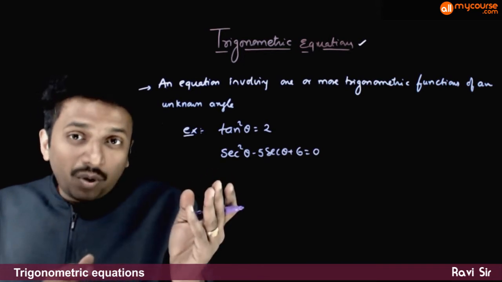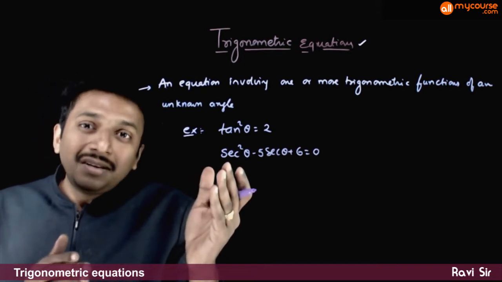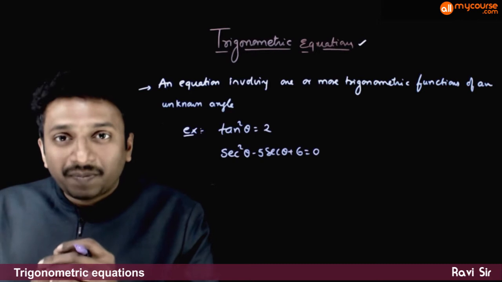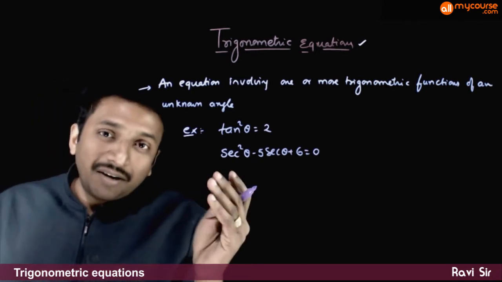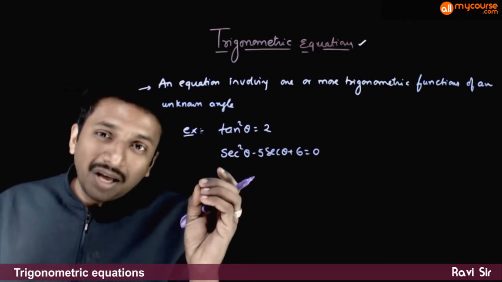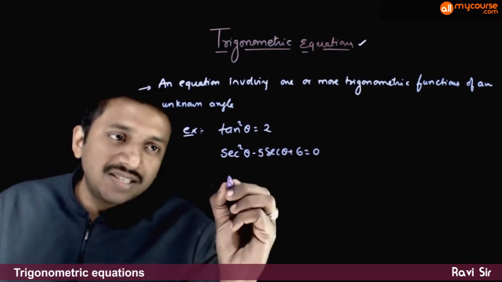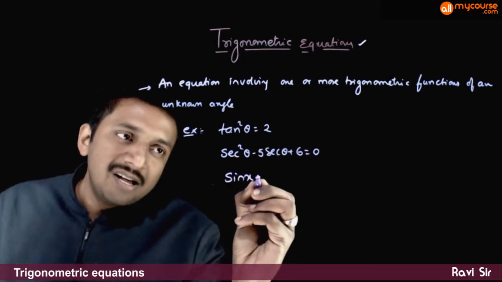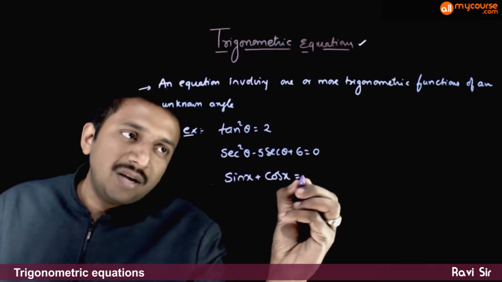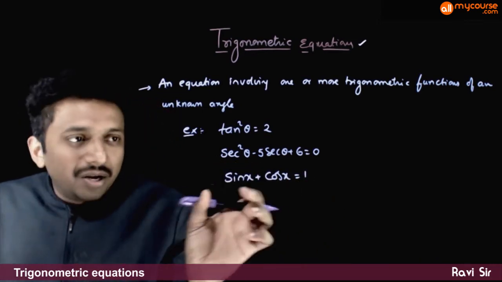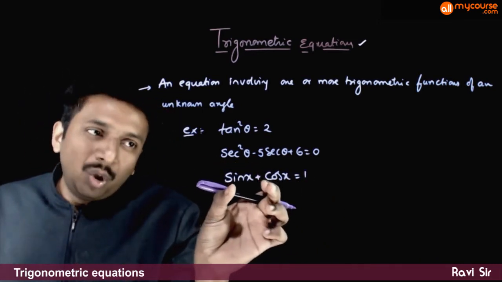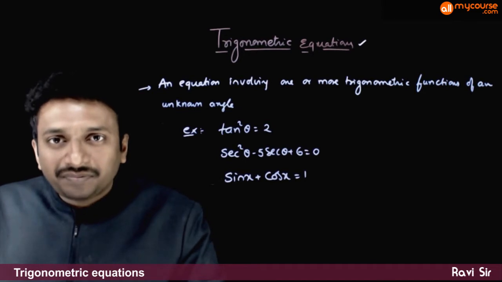This is a trigonometric equation involving the trigonometric function secant. You can also have a trigonometric equation in more than one trigonometric function, for example, sin x plus cos x is equal to 1.